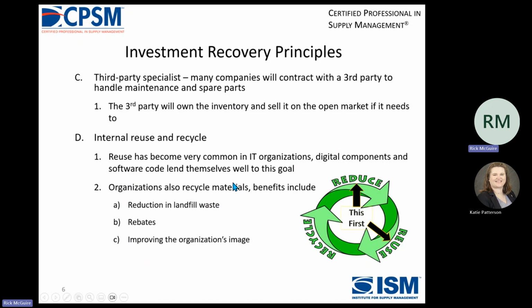Digital components and software code lend themselves to this well. Organizations also recycle materials. Benefits include reduction in landfill, rebates, and improving the organization's image. So reduce, reuse, and recycle, the 3 R's. Reduce and reuse first, recycle last.